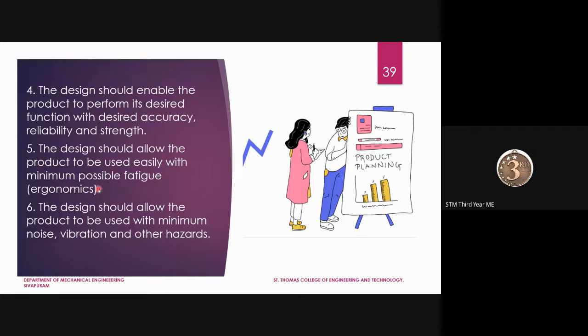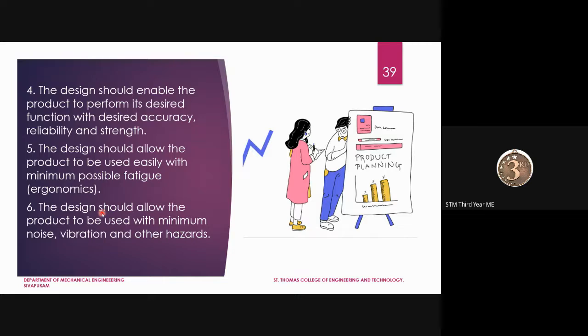And next point is the design should allow the product to be used with minimum noise, vibration, and other hazards. So any product that we are using, if there is some kind of noise or it is vibrating apart from our function, then we will obviously feel some kind of irritation.